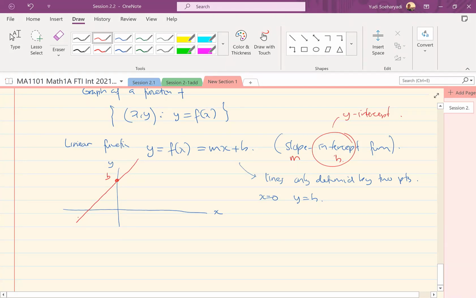Okay. So here's m positive. If m is negative, this is decreasing.